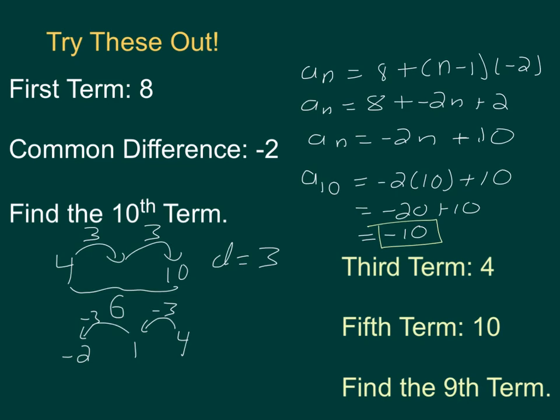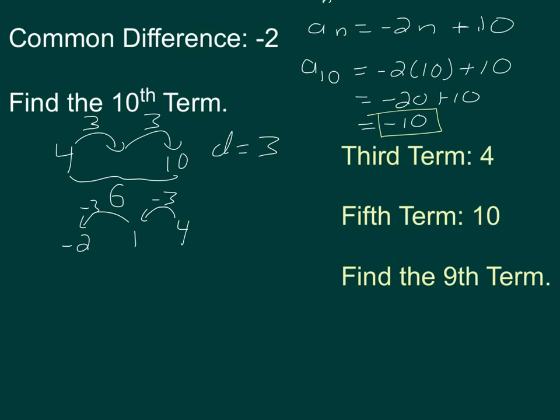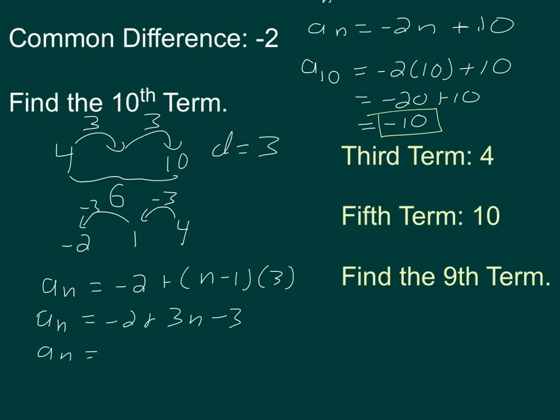So the equation that I'd really be working with here, I'm just going to give myself some space, is a sub n equals a sub 1, which is negative 2, plus n minus 1 times the common difference of 3. And so then I could get the general form by distributing out and having a sub n equals negative 2 plus 3n minus 3, which is the same thing as a sub n equals 3n minus 5.